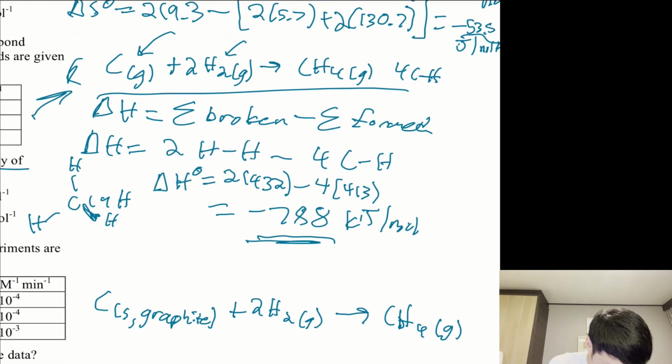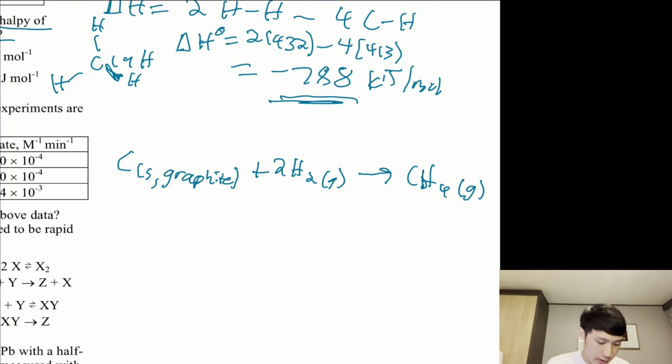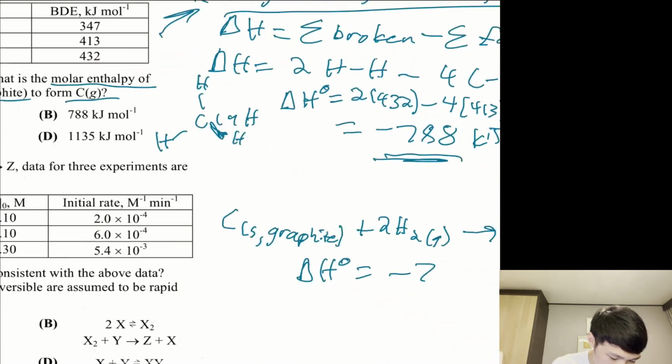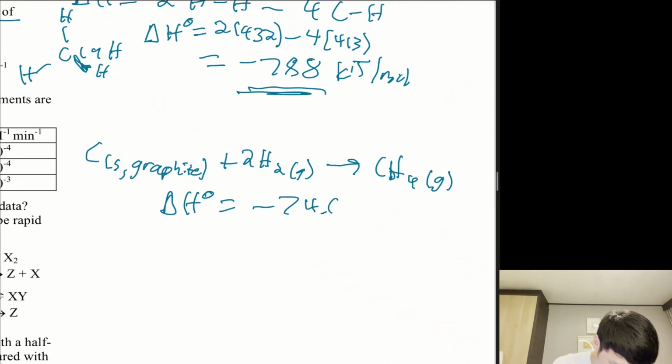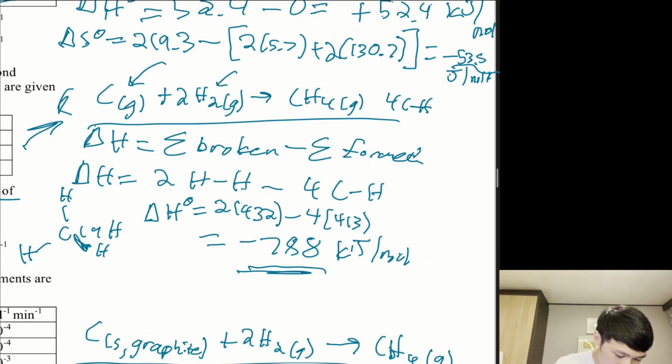And then we're given that delta H naught for this reaction is negative 74.6 kilojoules per mole.